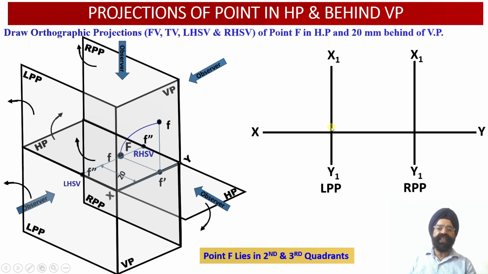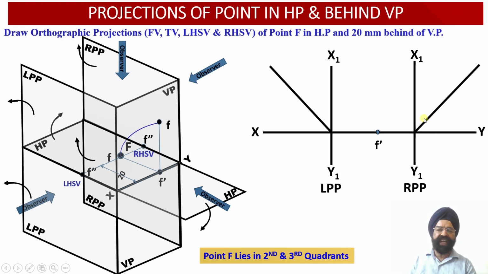In order to obtain the side view orthographic projection, we have drawn one transfer line originating from the intersection of the XY reference line and the left profile plane X1 Y1 reference line. This transfer line is inclined at an angle of 45 degrees with respect to the XY reference line, and it will be used to transfer this distance of 20 millimeter from the vertical plane into the profile plane projections.